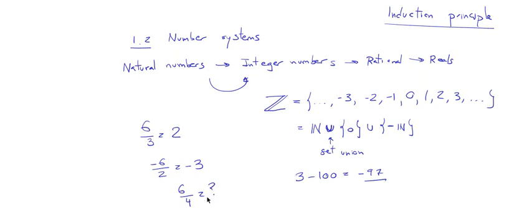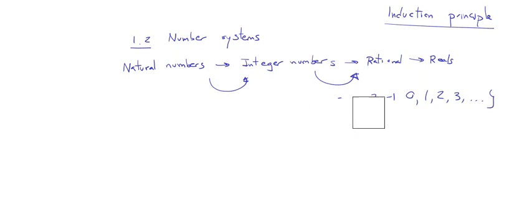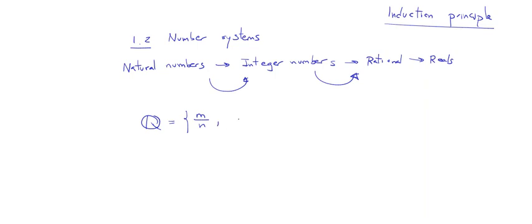Well, the solution of this is not an integer number, and so that's why you have to create the rational numbers. The rational numbers, with this Q, are every number that can be written like this: m over n, where m and n are members of the naturals. Well, not the naturals, actually, the integers.